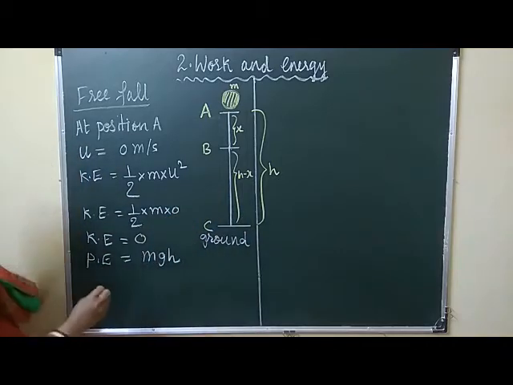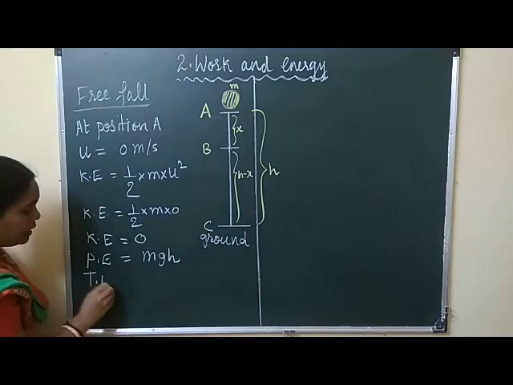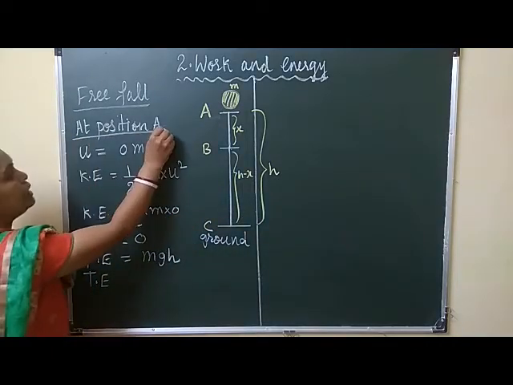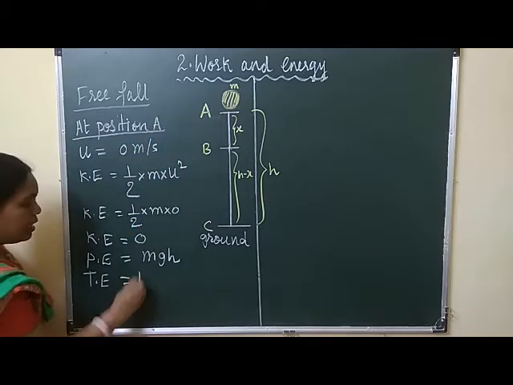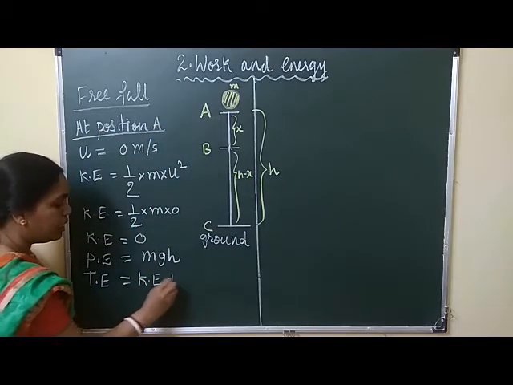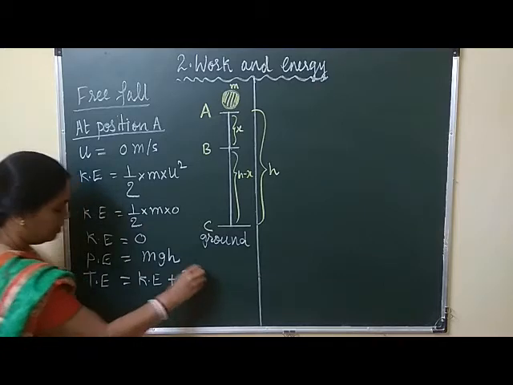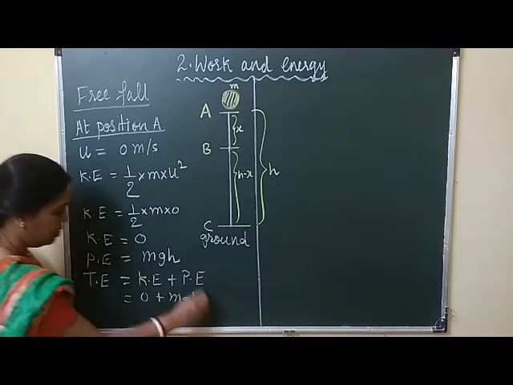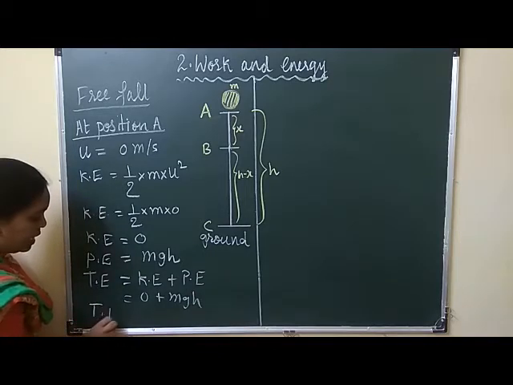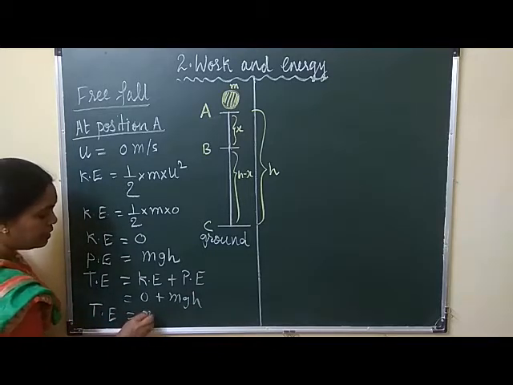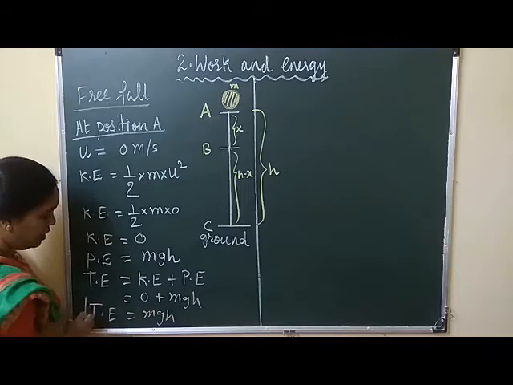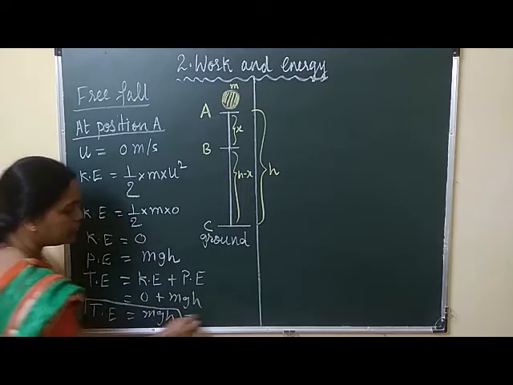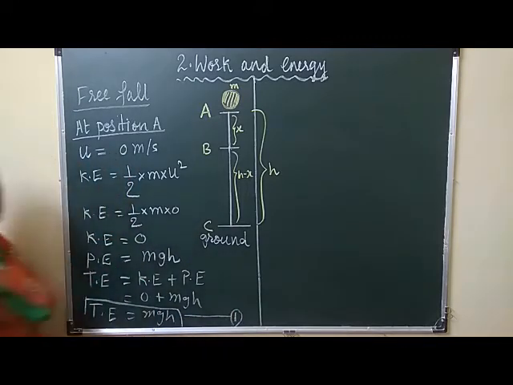Now, if we find the total energy at position A, we get kinetic energy plus potential energy, which is 0 plus mgh. So the total energy at position A is mgh. This you can consider as equation 1. Got it? You have understood this?